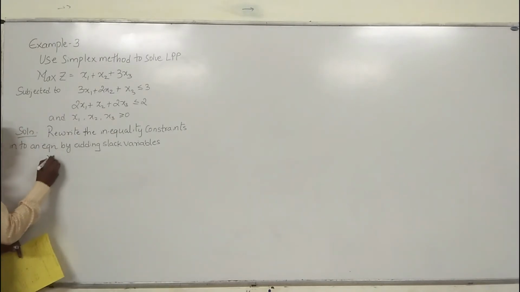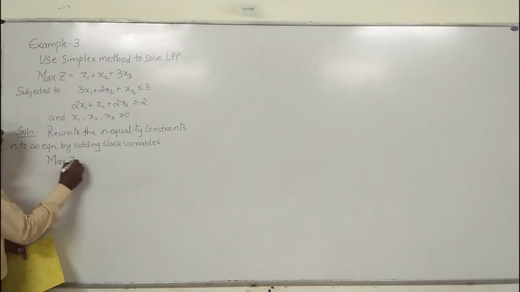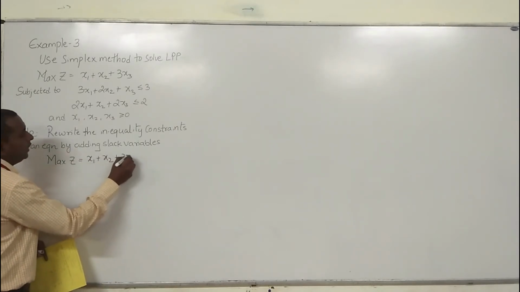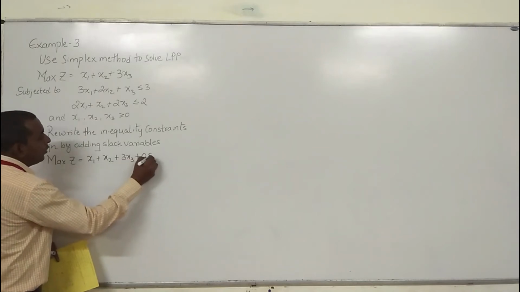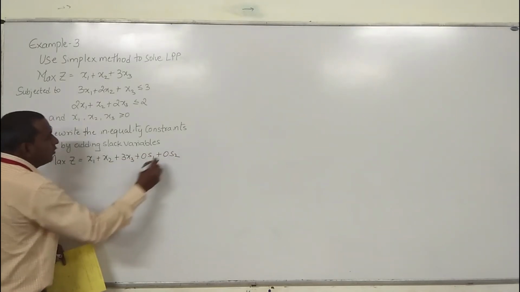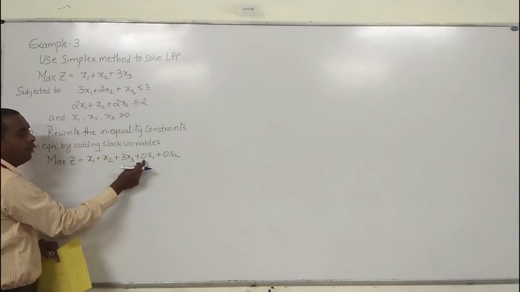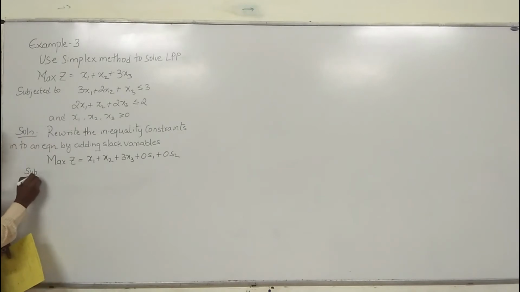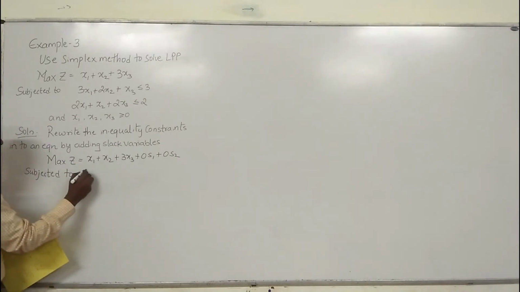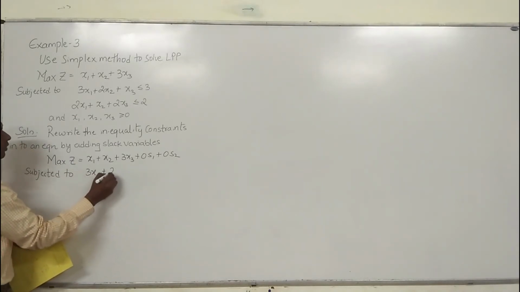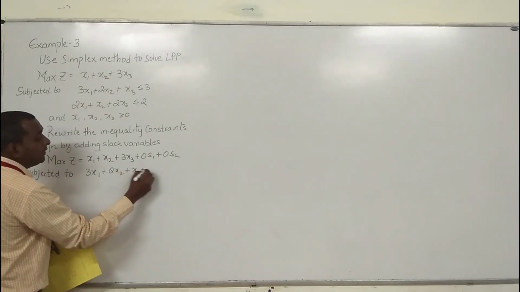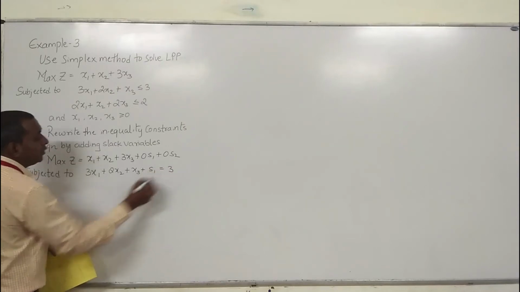Fine. So it will be like this. Max z is equal to x1 plus x2 plus 3x3 plus 0s1 plus 0s2. As there are only two constraints here, we are adding two slack variables. So subject to 3x1 plus 2x2 plus x3 plus s1 is equal to 3.